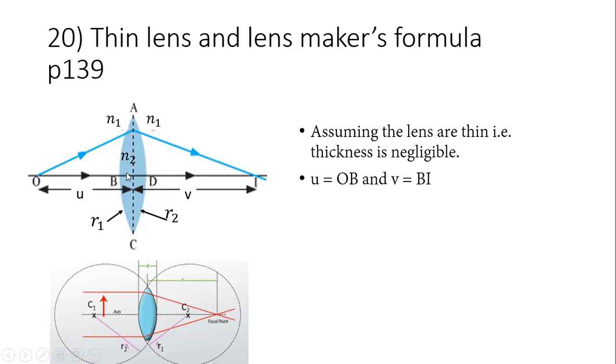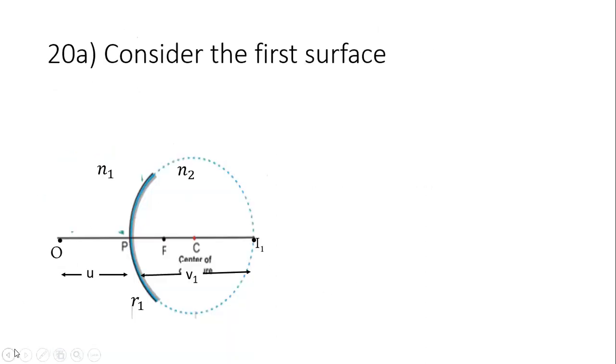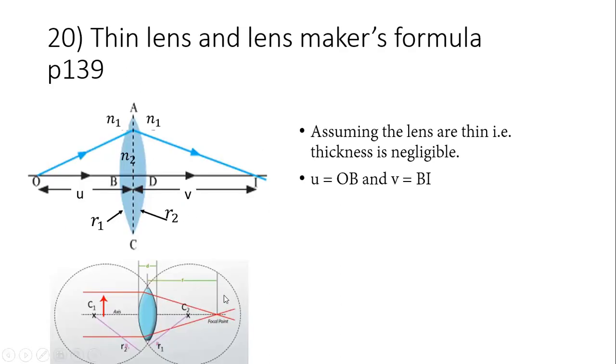B is actually the center, right? But as I say, we cannot draw it very thin, and you won't be able to see. Right? So B and D are practically the same point at the center there. Okay, so OB is your U.